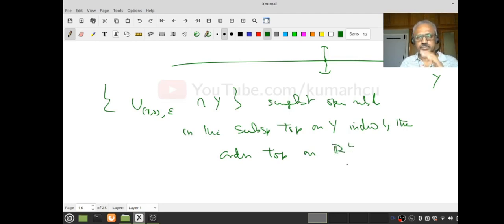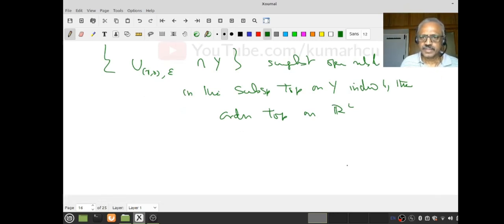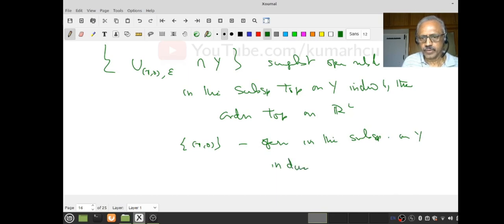Okay, keep the picture in mind, don't get psyched by my words, right? But what is this? That's nothing other than the singleton {(x, 0)}. You understand? Therefore, singletons {(x, 0)} are open in the subspace topology on Y induced by the order topology on R2.